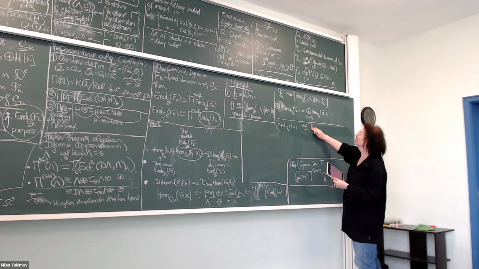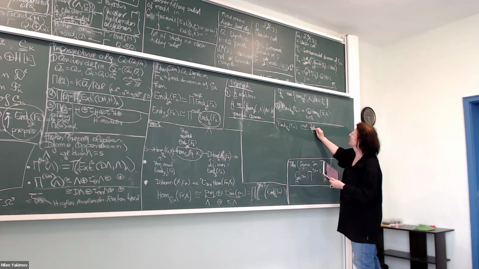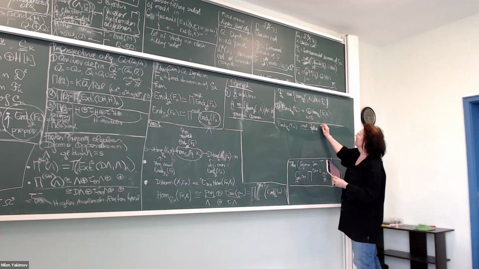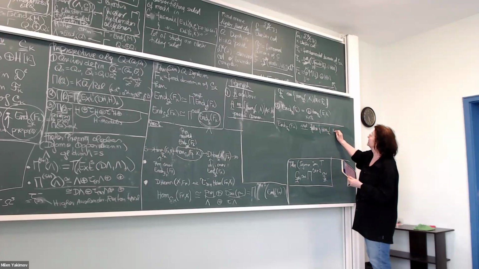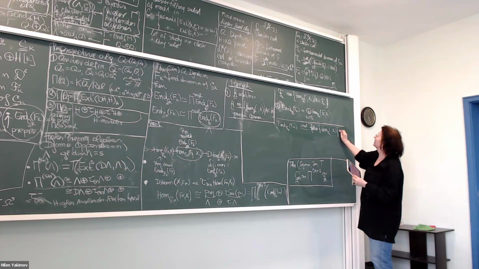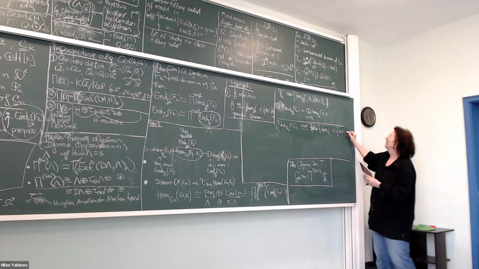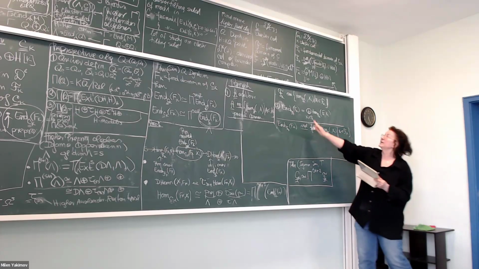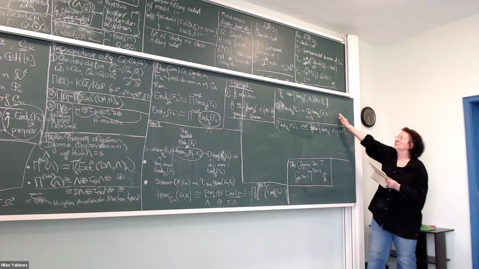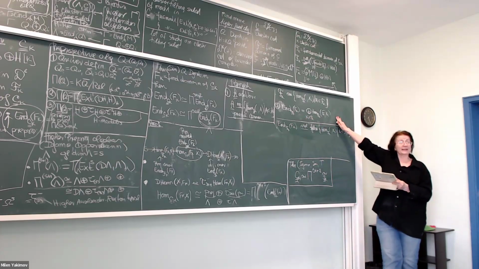So I'm just going to replace my subcategory of J like XI, the XI are in FK. So this is very straightforward, right? Endomorphism is some of the projectives.